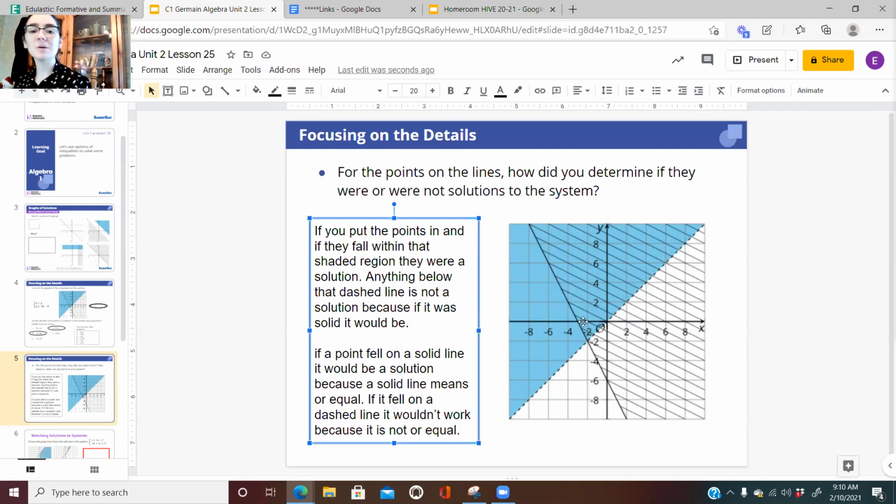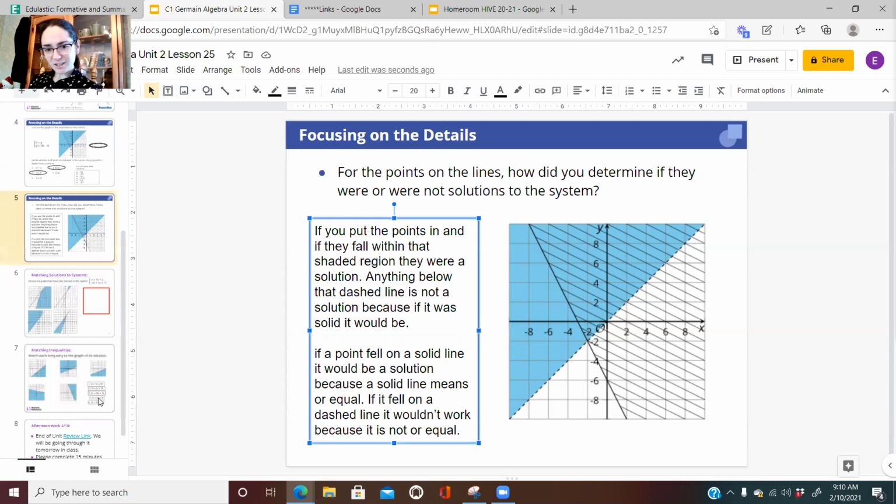Very good. Also, the last summation piece is if it falls on an intersection of a dashed and a solid, it is not going to be a solution because it needs to fall on a double solid. Nice job on that one.